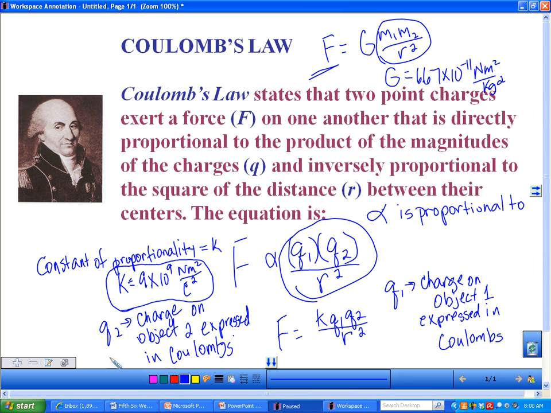And R is the distance of separation, and it needs to be in meters. All right. Everybody okay with that?